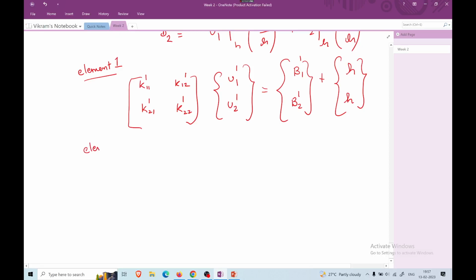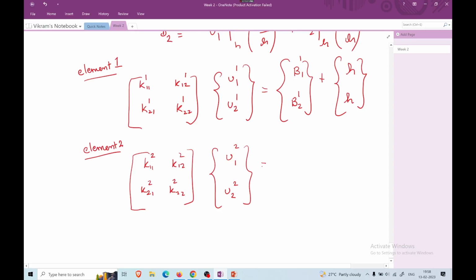Element 2, same thing: k11 k12 k21 k22 with superscript 2, b1 b2 at 2, plus h.